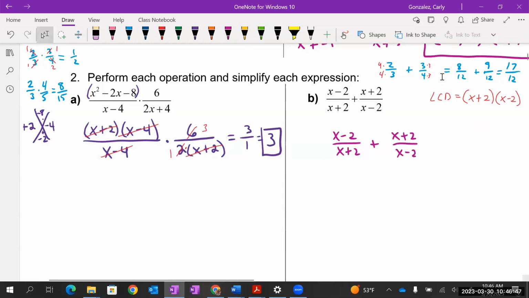So just as in the fraction example up above, I wanted both of them to have that least common denominator. So essentially, I'm trying to get both of these to have an x minus 2 and an x plus 2 in the denominator.